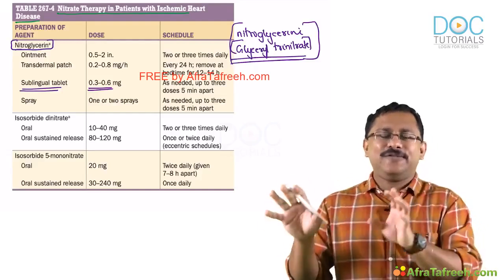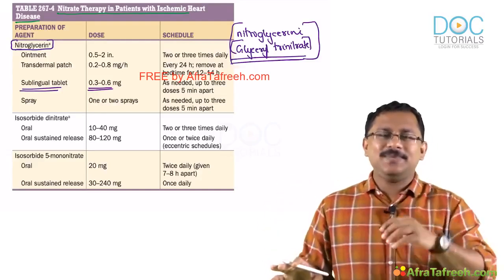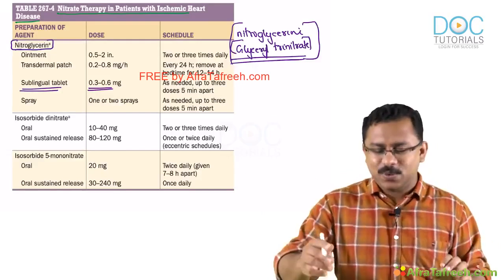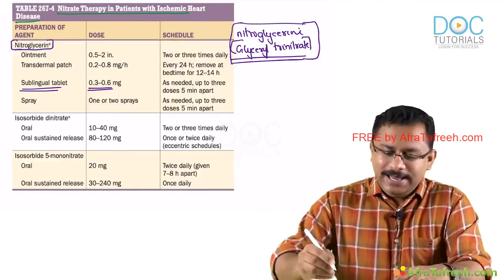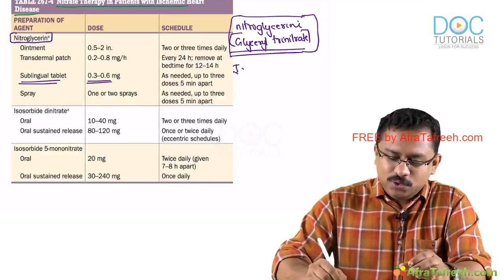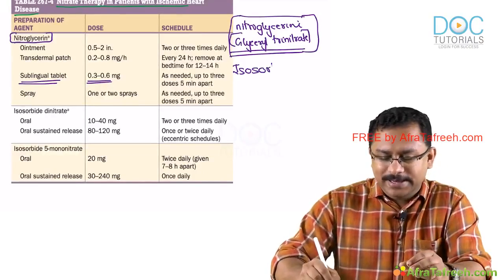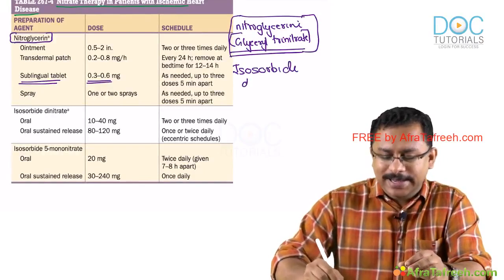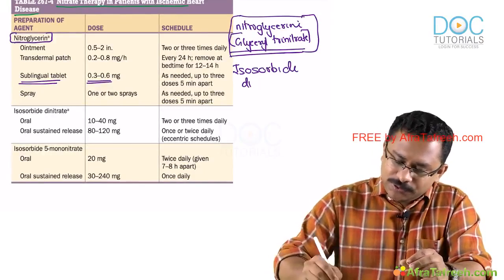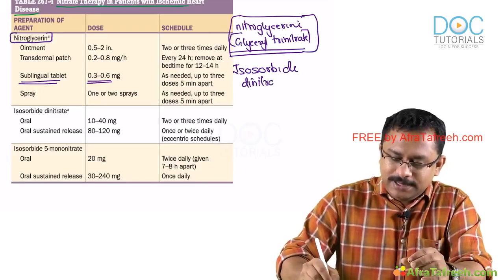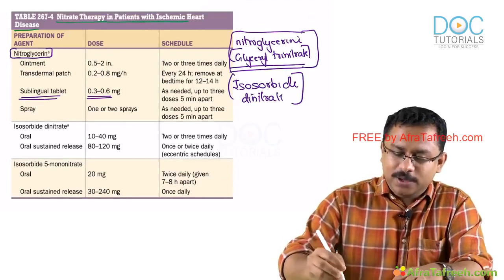So the action of glyceryl trinitrate we have already seen, predominantly venodilators. This is again for aborting an acute episode, and you can also go for isosorbide dinitrate. Isosorbide dinitrate can also be used in aborting an acute episode.